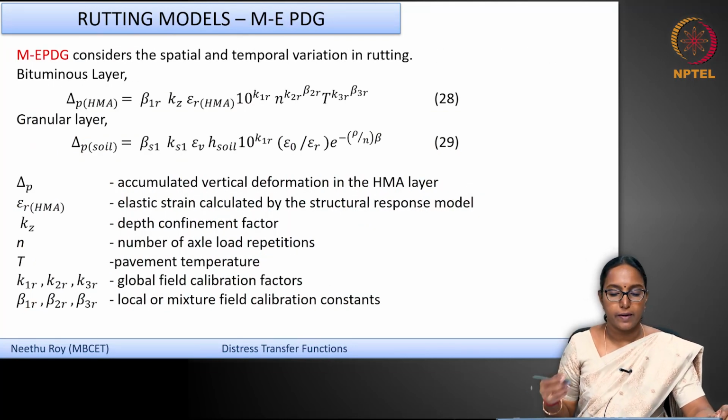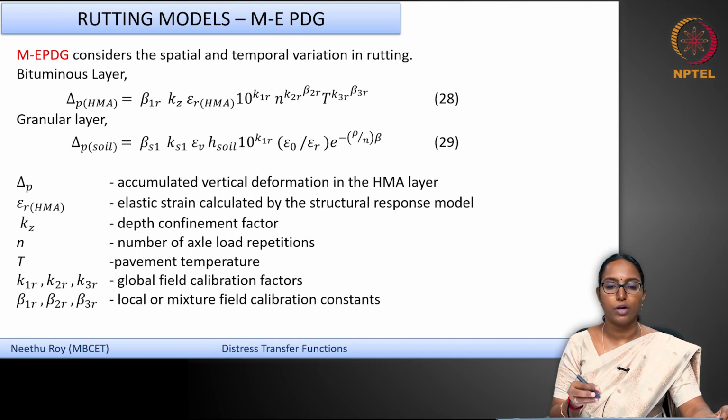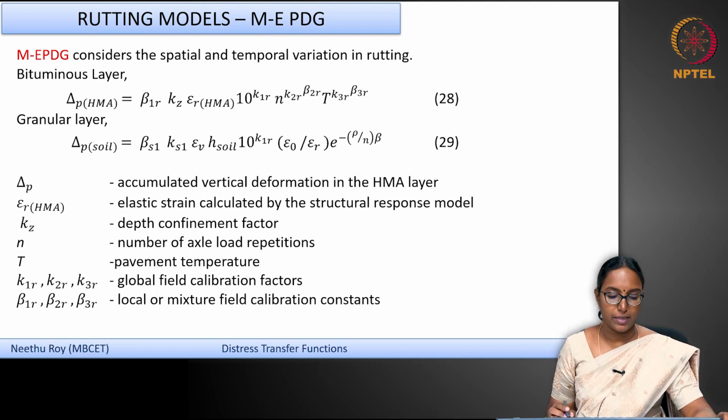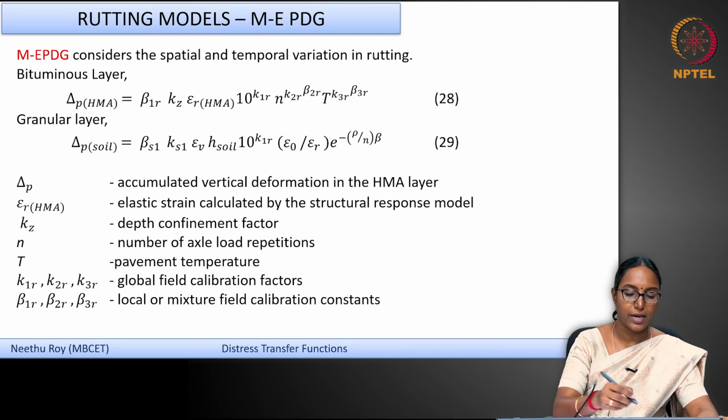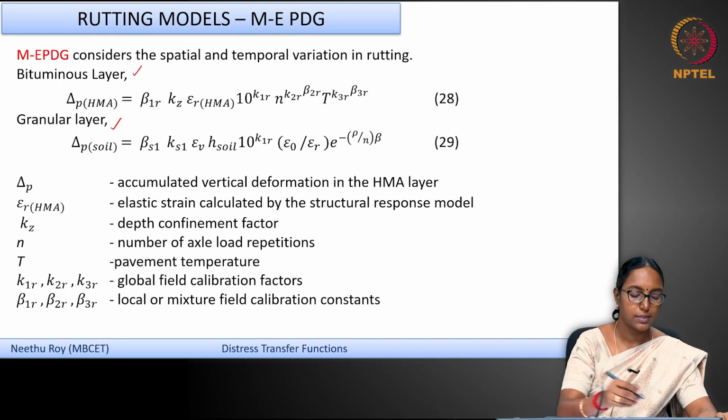Now, the current mechanistic empirical pavement design model. I will just quickly mention what model is being used in MEPDG. MEPDG considers the spatial as well as the temporal variation in rutting. For bituminous layers as well as granular layers, you can see models here.